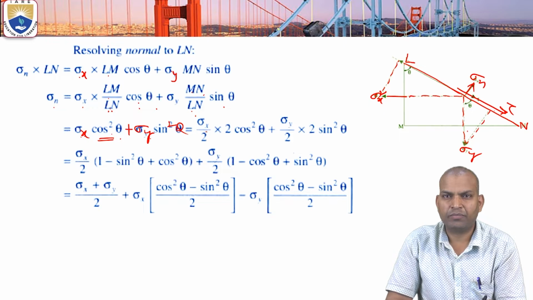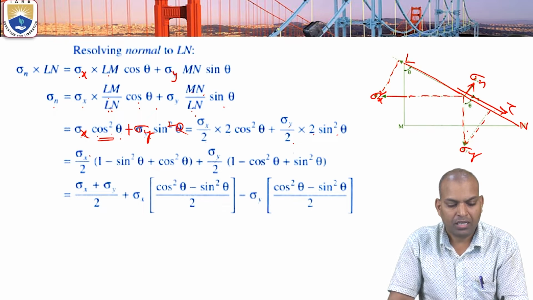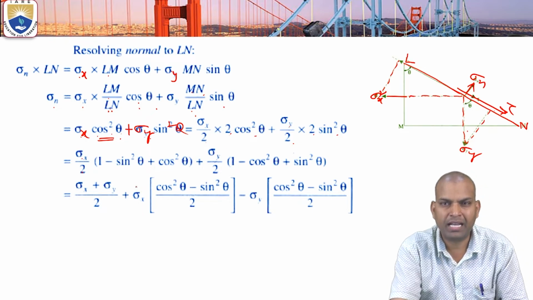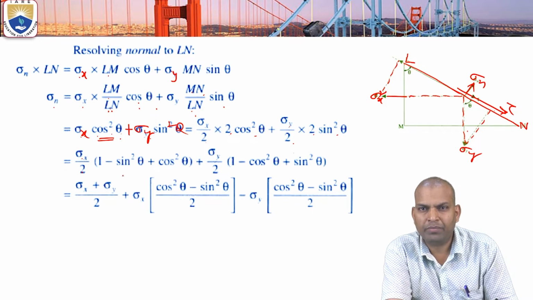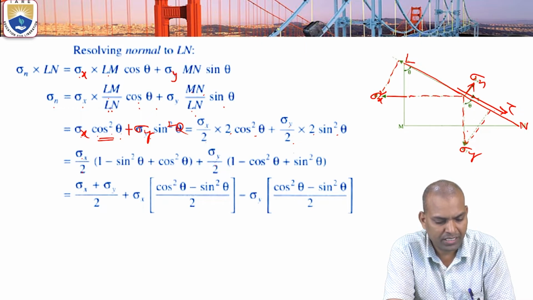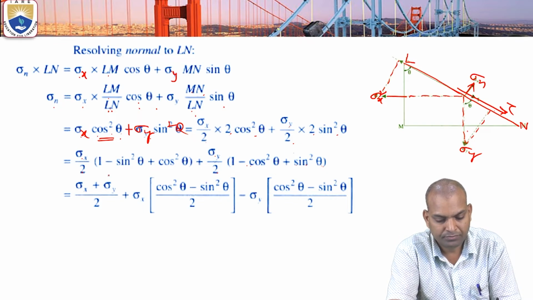Then it becomes sigma x by 2 times 2 cos square theta plus sigma y by 2 times 2 sin square theta. Now 2 cos square theta can be written as 1 minus sin square theta plus cos square theta, and similarly for sigma y by 2, 1 minus cos square theta plus sin square theta.